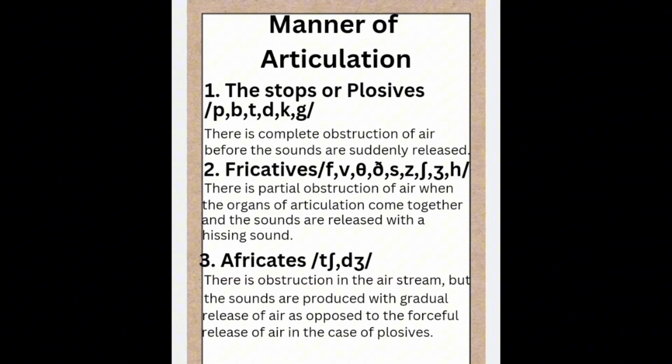Let's move on to the manner of articulation. We have the stops or plosives, the fricatives, the affricates, the nasals, the lateral, the liquid, and the semi-vowel consonant sound. What type of sounds are regarded to as the stops or plosives?